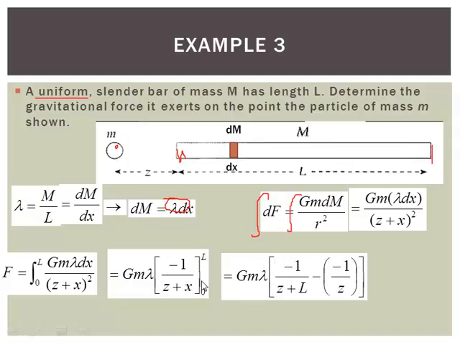Then if you take in the boundary conditions, you get this. You can simplify it. I plugged in L here, that's where this comes from, and I plugged in 0 here, that's where this comes from, and it'll end up being negative 1 over z plus L plus 1 over z.